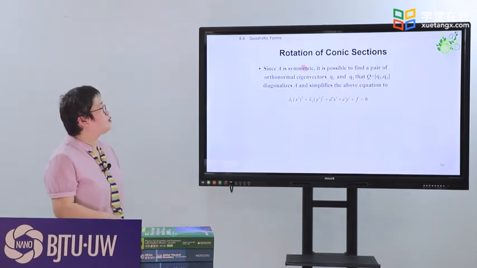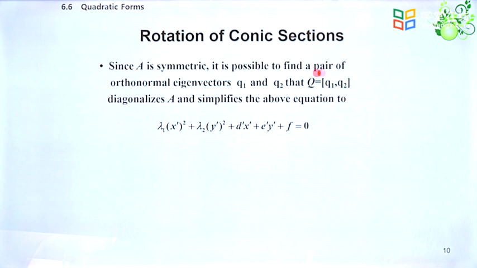Since A is symmetric, it is possible to find a pair of orthonormal eigenvectors q1 and q2 such that Q, with first column q1 and second column q2, diagonalizes A and simplifies the above equation into this form: lambda 1 x prime power 2 plus lambda 2 y prime power 2 plus d prime x prime plus e prime y prime plus f equals 0.